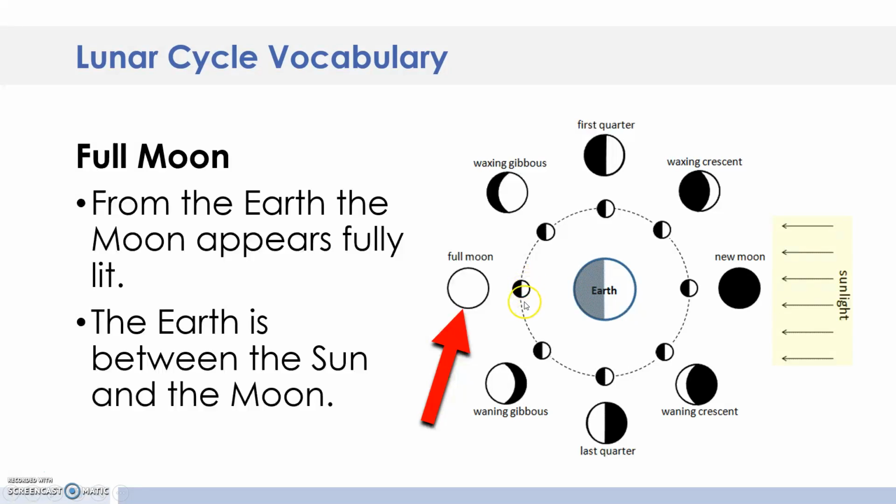So right here, this whole half is what we see if we were sitting on Earth. So that's what it looks like to us. It looks completely lit. In reality, it's only half lit, but it's because we're looking at the entire half that's lit. So it looks completely round and bright to us. And the Earth doesn't block any light because the moon is actually slightly above the Earth. So it's not completely in line with each other.